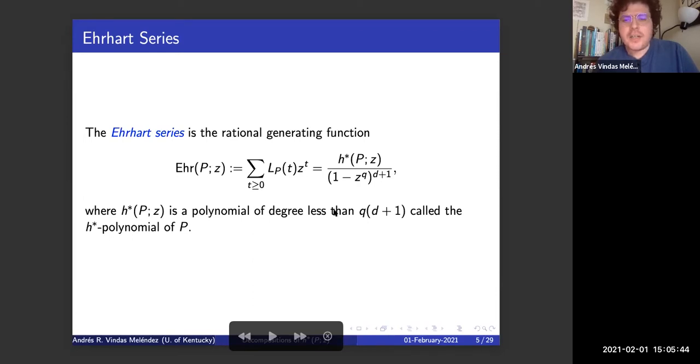It's a polynomial of degree less than q times (d+1). What I will say is that this might not always be in the reduced form.